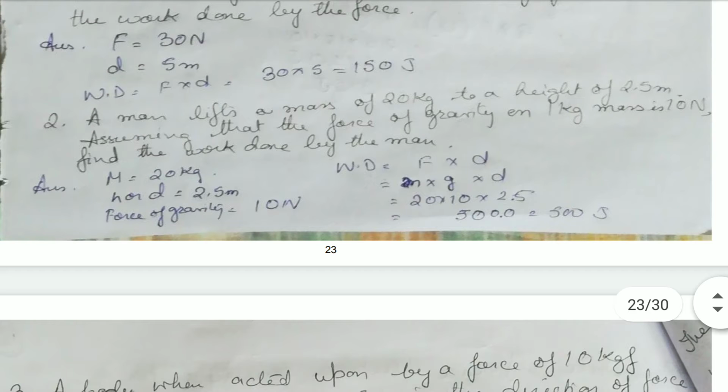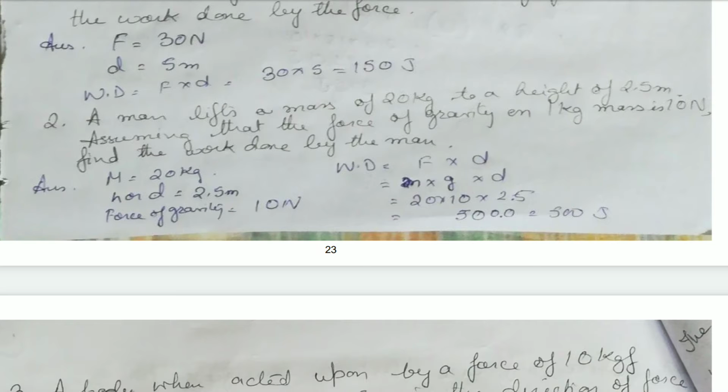Then a man lifts a mass of 20 kgs to a height of 2.5 meters, assuming that the force of gravity on 1 kg mass is 10 Newton. Find the work done by the man. So mass is 20 kgs, height or distance is 2.5 meters, force of gravity is 10 Newton. Work done is equal to force into distance.